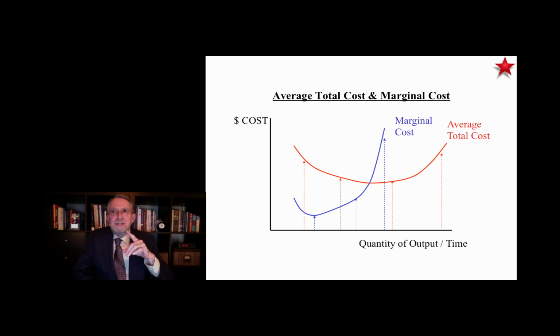Average total cost would be the sum of average fixed cost and average variable cost. That makes sense to me, right? Marginal cost. If marginal cost is above the average cost, average is coming up. So always refer to it in that particular way. So that concludes our discussion of the rates of production and the categories of cost.